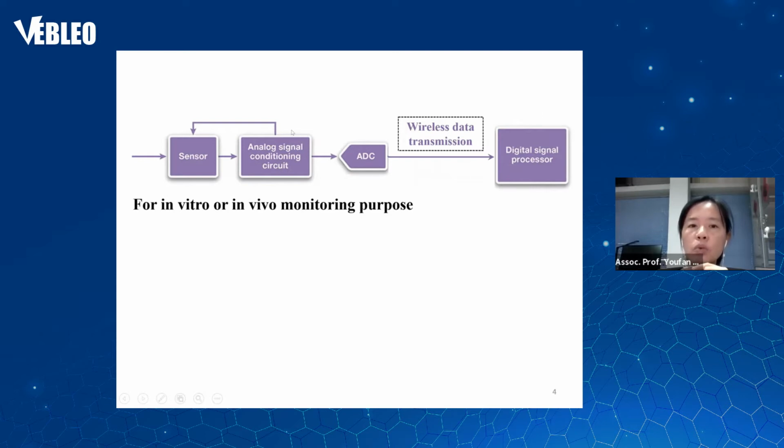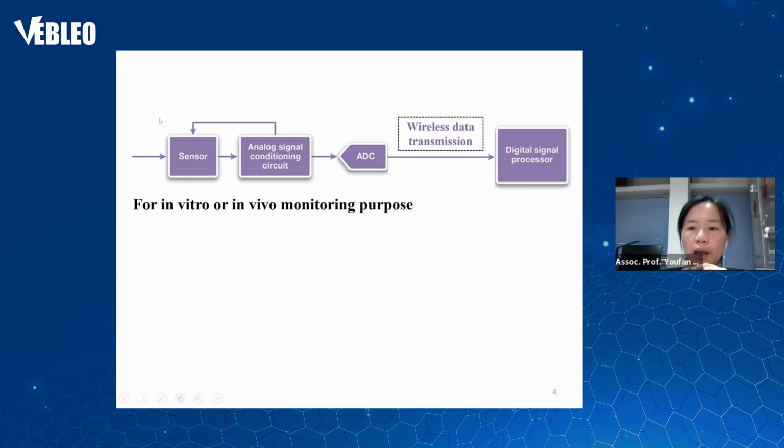But we still want to keep the analog signal conditioning and also the ADC as close as possible to the sensor. This is because most of the signal emitted from the biological tissue surface is very weak. So we want to keep this part as close as possible to the sensor.